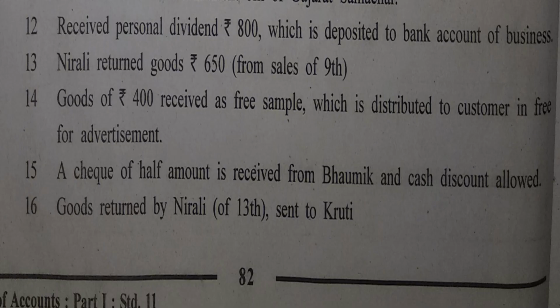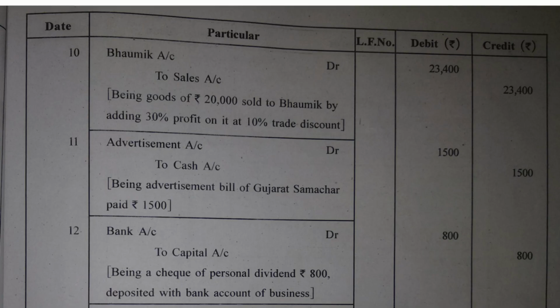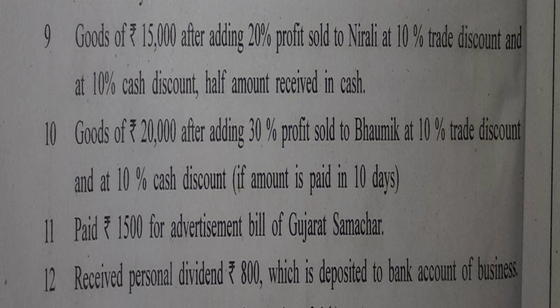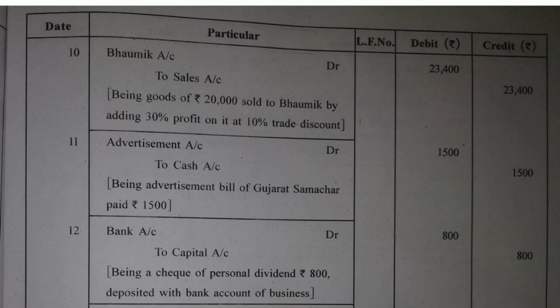Moving towards the next transaction, a check of half amount is received from Bhowmick and cash discount is allowed. Let us go back to the transaction of Bhowmick on 10th. Goods of rupees 20,000 have been sold to Bhowmick. We obviously remember the amount of this clearly. 26,000 firstly, then minus 2,600, and here it is 23,400.